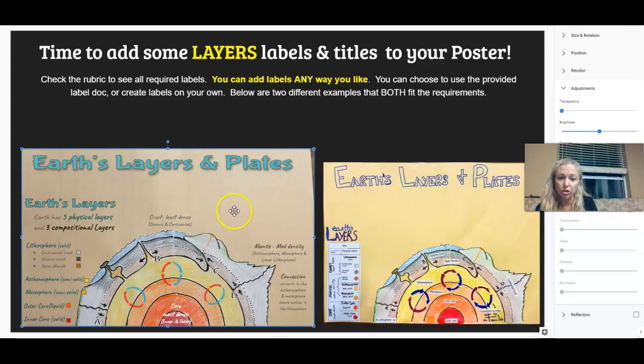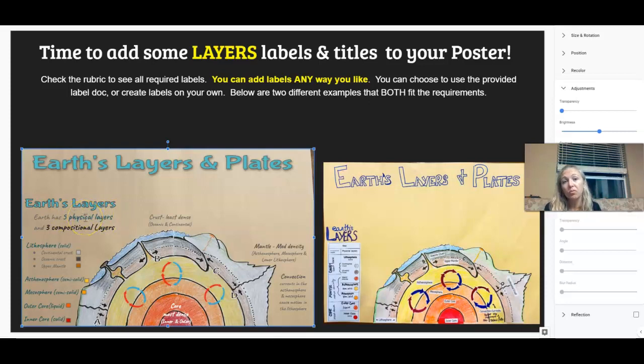This one has the information written on the outside going around the image. This one has a key that condenses everything and then some labels on the actual picture that you colored. You can do it like one of these, or if you've already started something and you just want to add some information based on the rubric, you can do that. Remember, for example, here the asthenosphere is identified as being a semi-solid because that is what we're talking about with our physical layers.